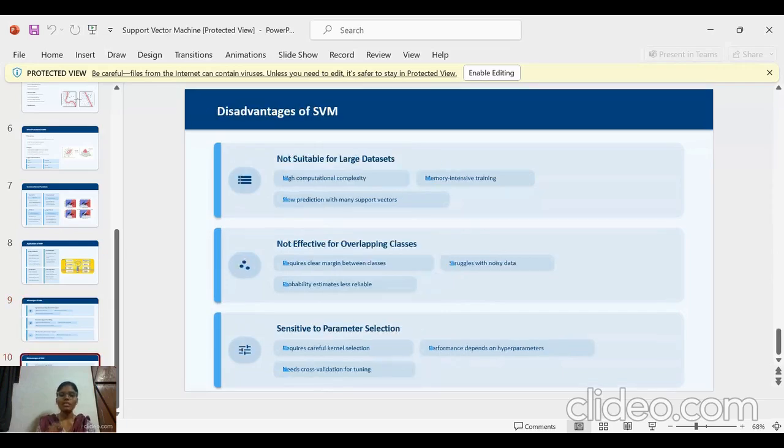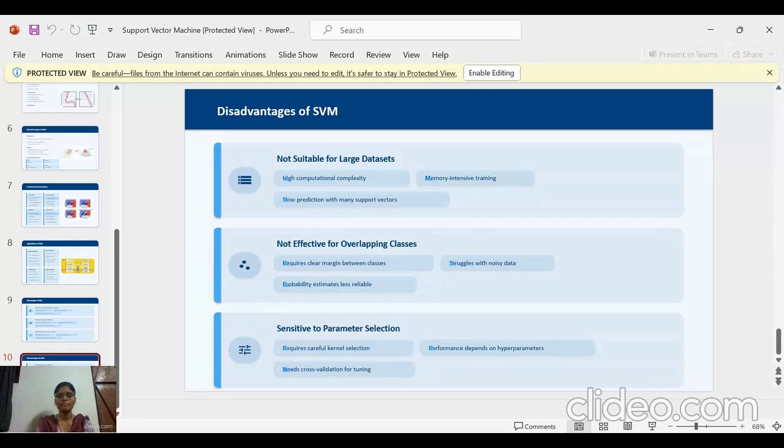Although SVM is powerful, it has some limitations: training time is high for large data sets, choosing the correct kernel is challenging, it is not suitable for noisy or overlapping data, and it is hard to interpret compared to simpler algorithms.